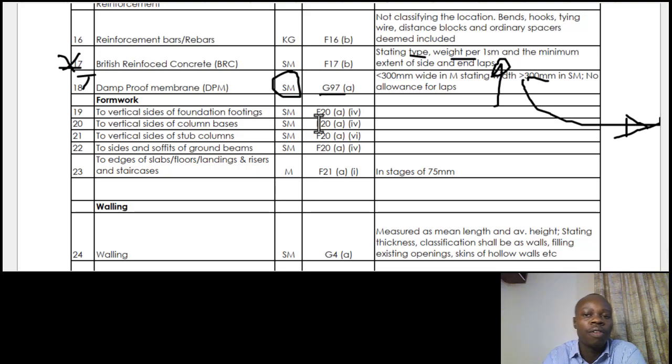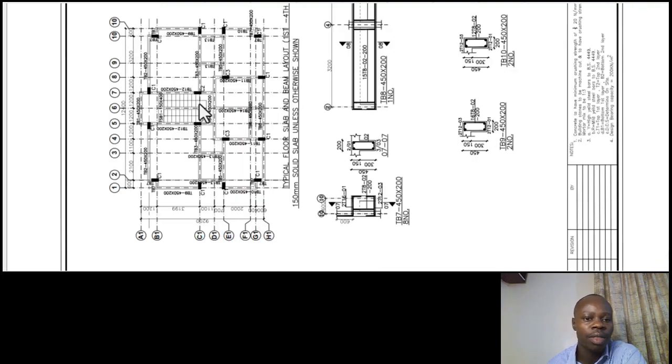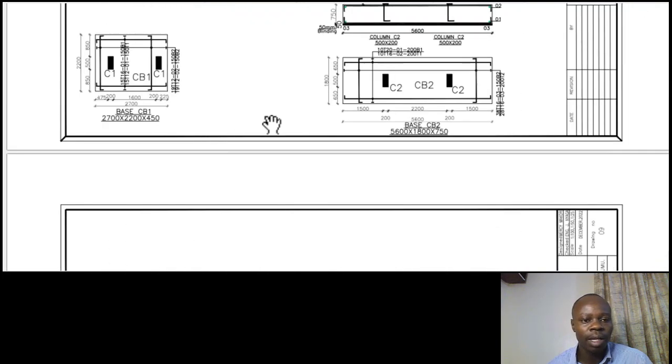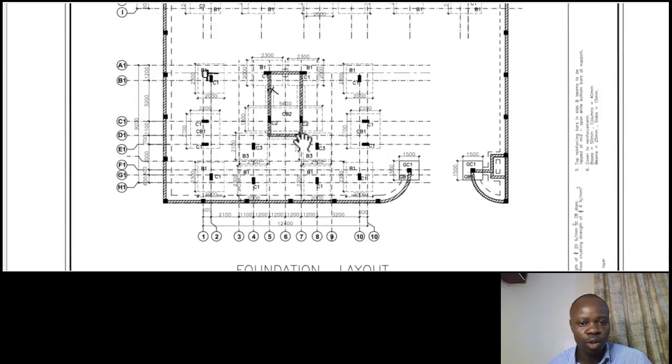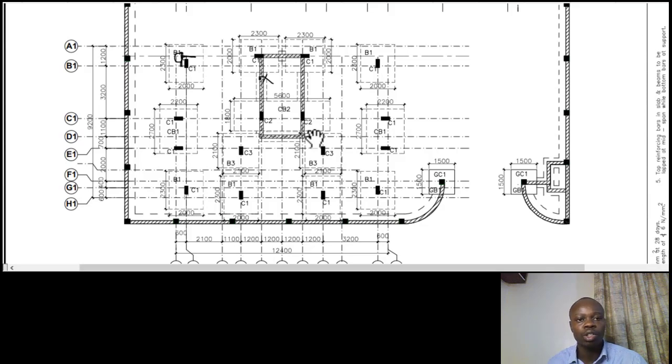So when it's for the substructure level, what you need to do is get the length of that particular plan, and the length you can read from the plan of your estimation, or the plan that you've been given, the structural, to use in estimation. So normally that is what you do, and this same wall, this same length, now when you are doing the walling, the length is going to be different from the one that you used for excavation.